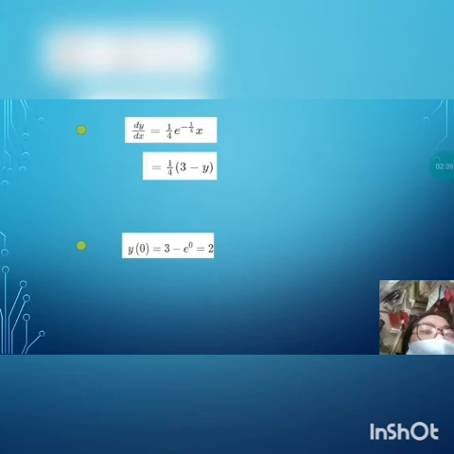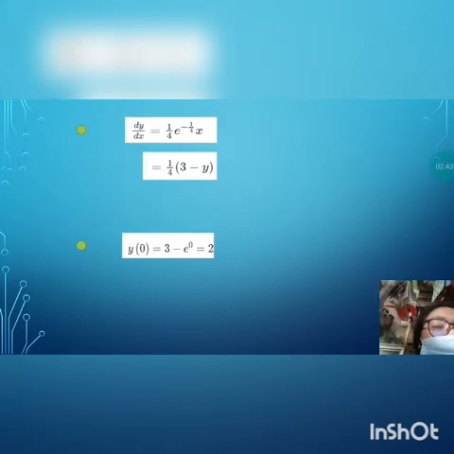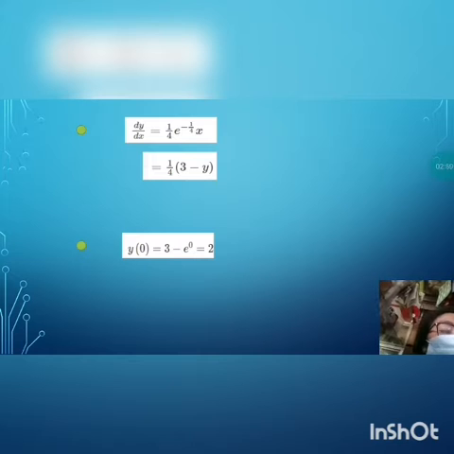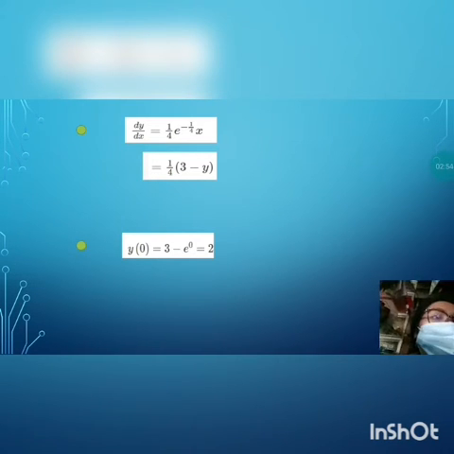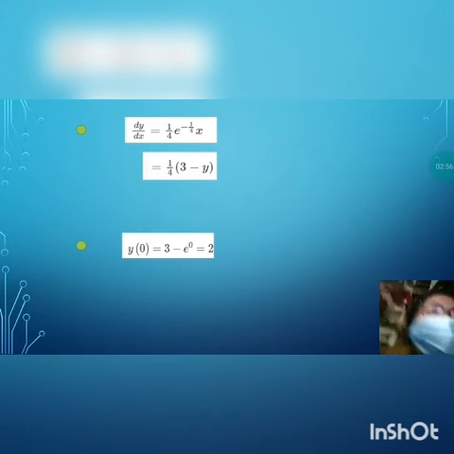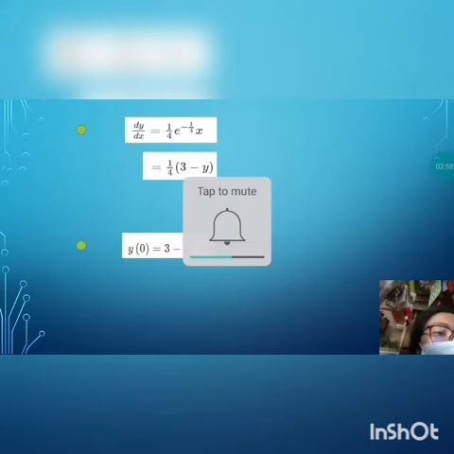With that, we check the initial condition, which is y of 0 equals 3 minus e raised to the power of 0 equals 2. With that, therefore, the solution satisfies the integral and the initial condition of what we solved.